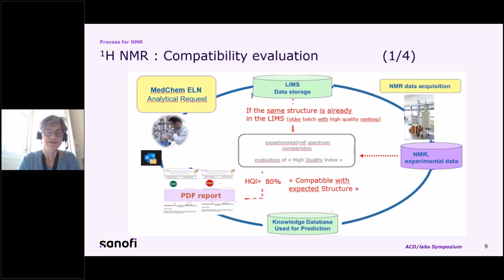If the HQI is more than 90%, the structure is declared compatible with the expected structure. And then a PDF report is instantly prepared and sent to the chemist.